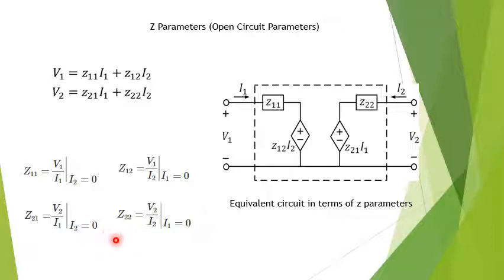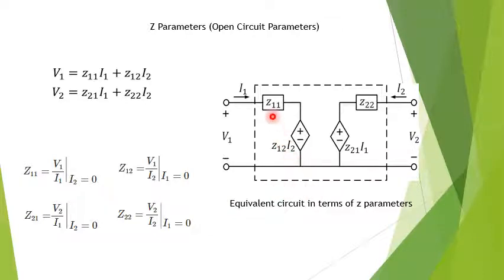Now all these Z parameters are the ratio of voltage divided by current, so they are in the impedance form. So the unit for the Z parameters will be ohms. Once you get the Z parameters, we can develop the equivalent circuit of the given network in terms of the Z parameters.